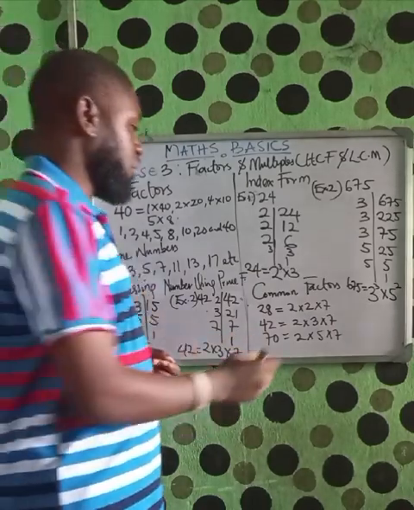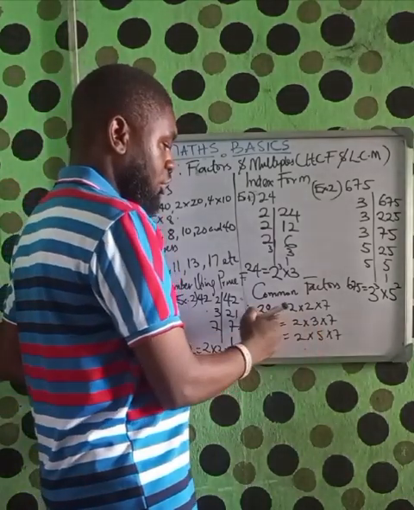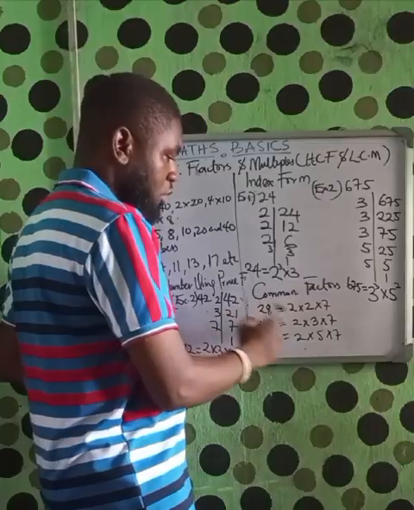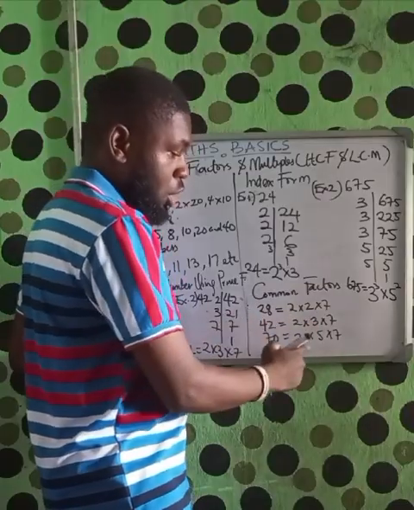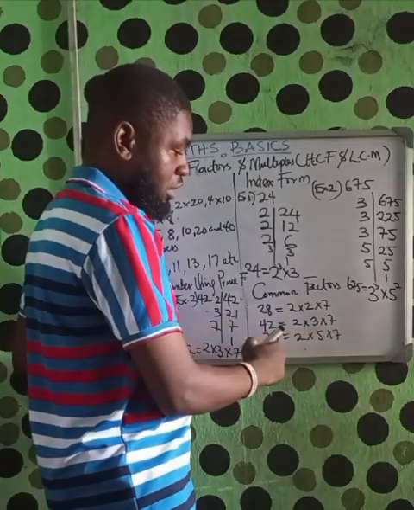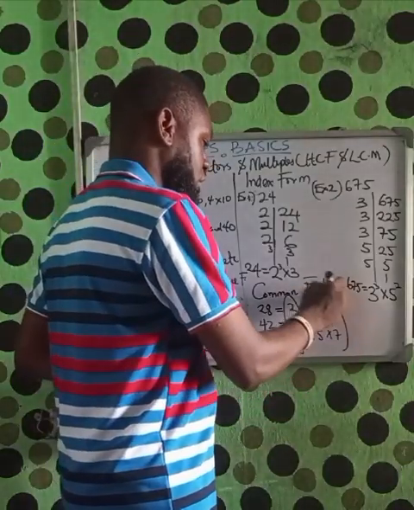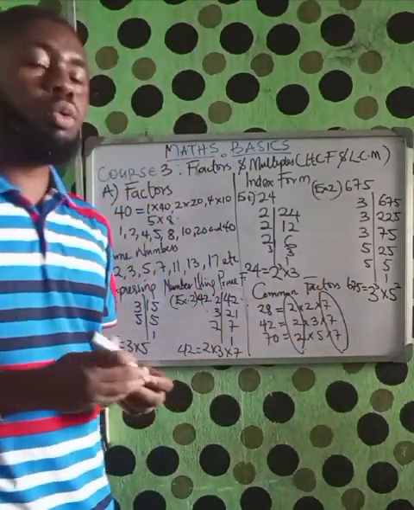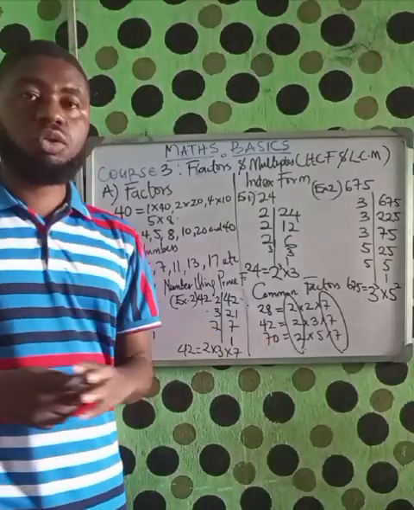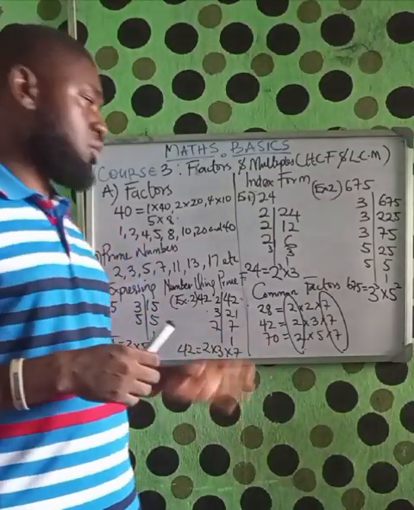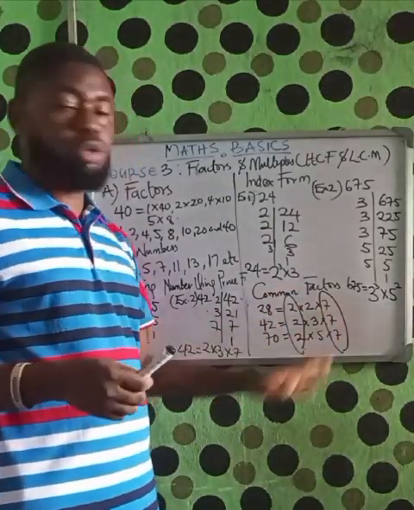So, to get common factors, 2 times 2 times 7 gives 28, 2 times 3 times 7 gives 42, 2 times 5 times 7 gives you 70. So check very well here, this 2 is common, and this 7 is common. Now this will lead us to what we call the highest common factor. So I will get to that in our next class, but this is how we relate to common factors.